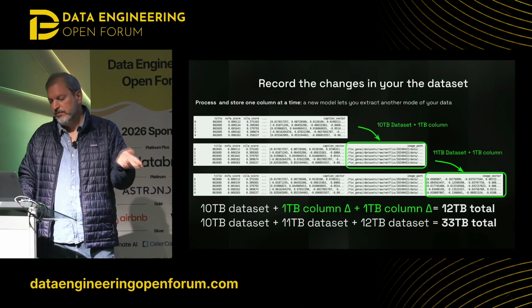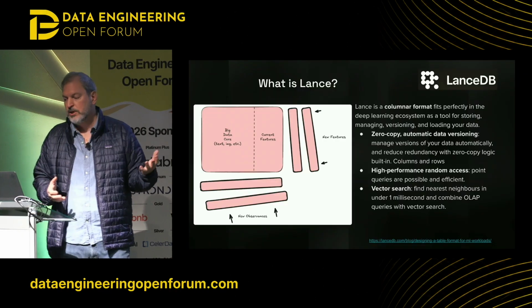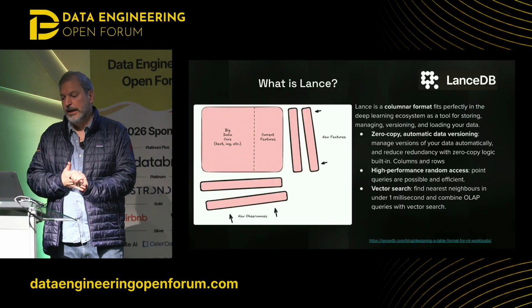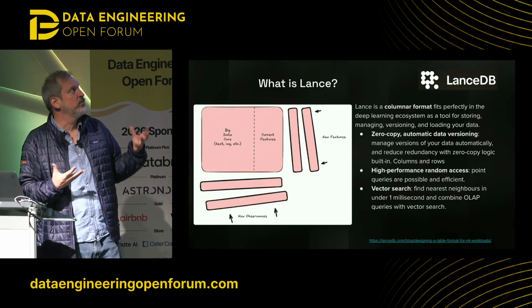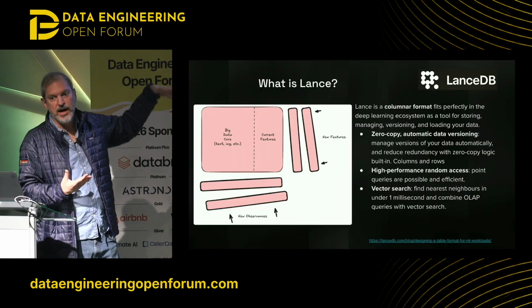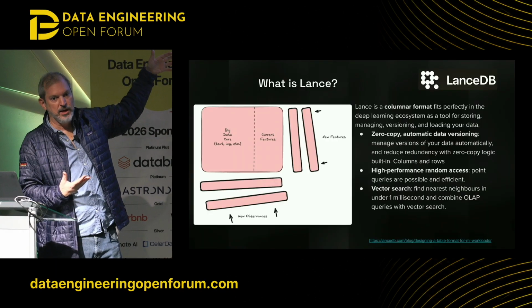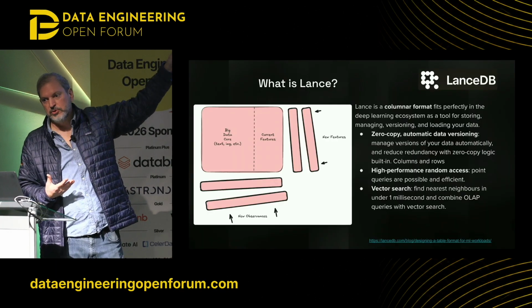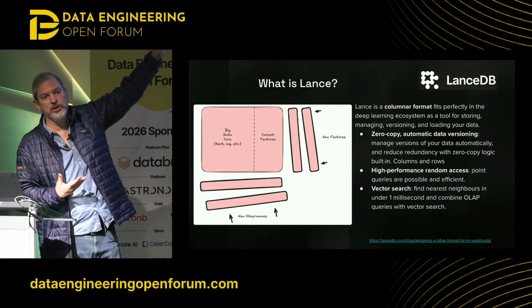We played with different schemas, different solutions, and we came to this product called LanceDB. And they came with the realization that data sets grow by adding columns at the same time as adding rows. So new data comes in, it appends as rows. New features or new research ideas come in, you need to add columns.